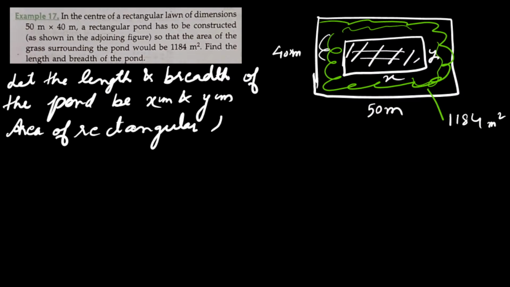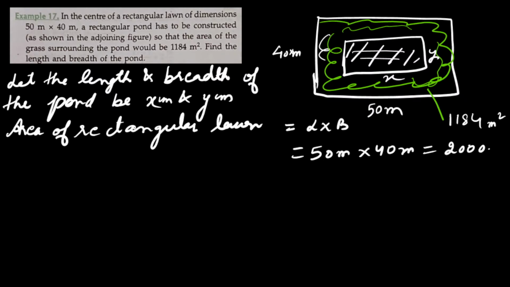Its dimensions are given in the question. The formula for the area of a rectangle is length into breadth, so 50 meter into 40 meter equals 2000 meter square, as the answer given by Shivashankar also. So that is the total area of the rectangle.